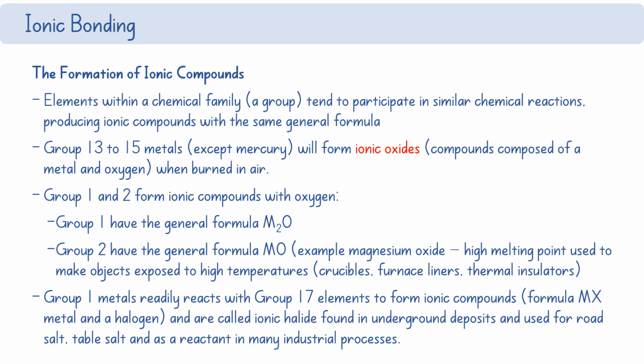Group 1 metals readily react with group 17 elements to form ionic compounds with the formula MX, which is a metal and a halogen, and are called ionic halides, found in underground deposits and used for road salt, table salt, and as a reactant in many industrial processes.